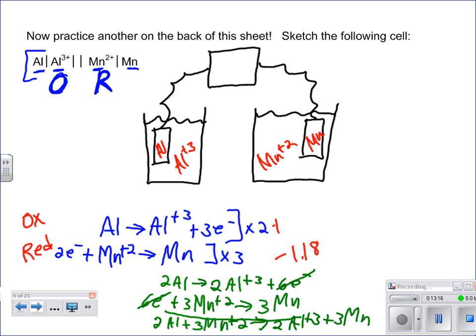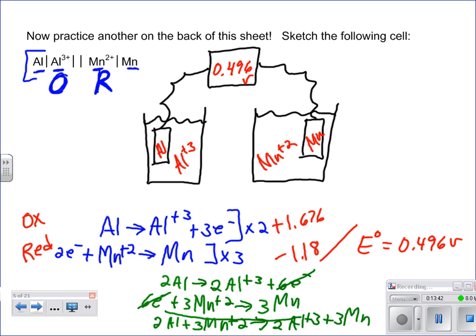So you flip it, and it becomes positive 1.676. You add all of that up, and your cell potential becomes 0.496 volts. It's positive. Remember, we made it positive. That was purposeful. So 0.496 volts is the maximum voltage we could get out of the cell.